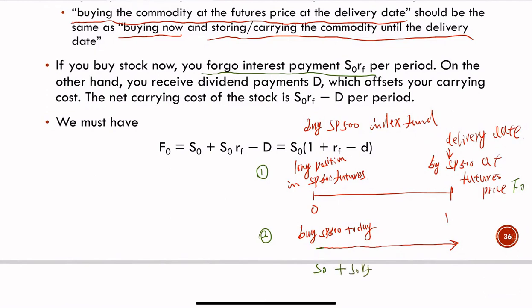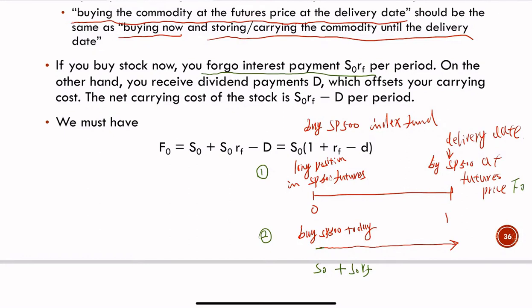And you have some additional benefit too, because if you bought SP 500 today, at the end of the year you will get a dividend payment. This dividend payment essentially reduces the cost of your equity position, because dividend is positive cash flow.